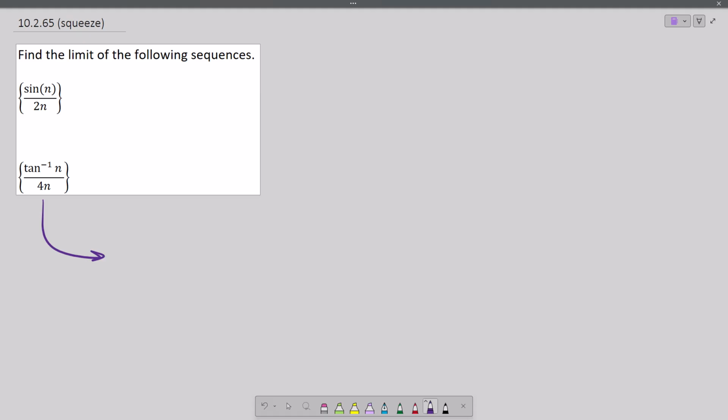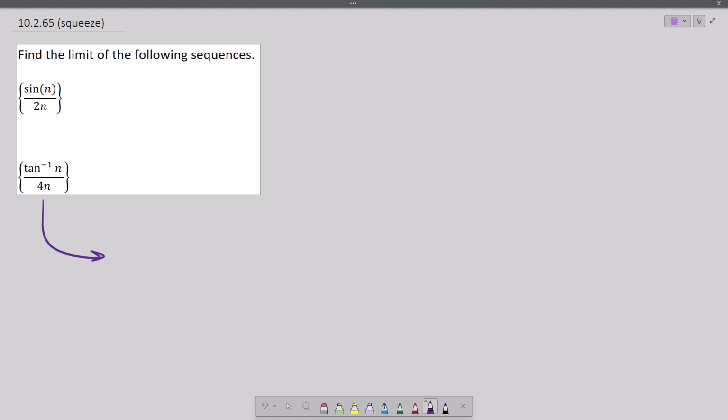The limit at the bottom is infinity. So we don't even really have to use the squeeze theorem on this one, because we know the limit of inverse tangent is pi over 2. We've already shown that.